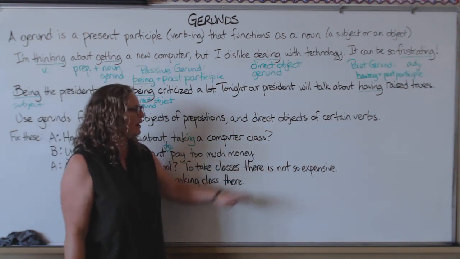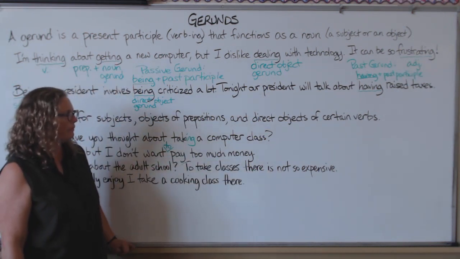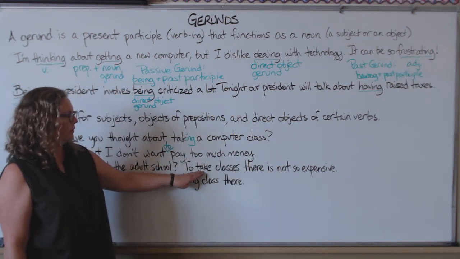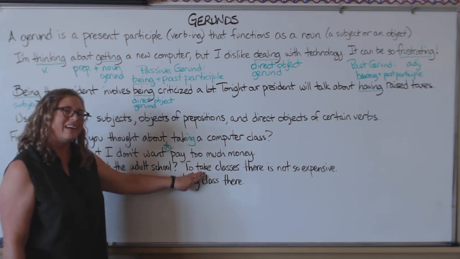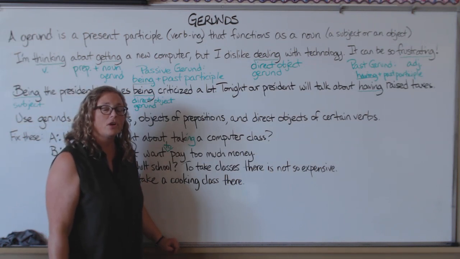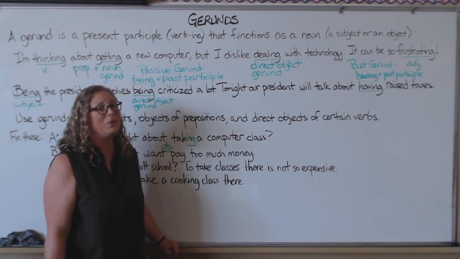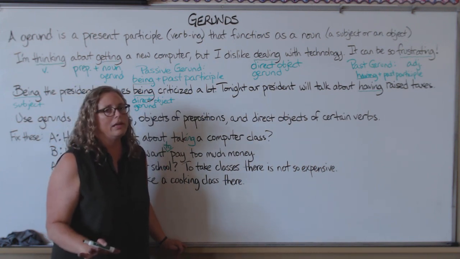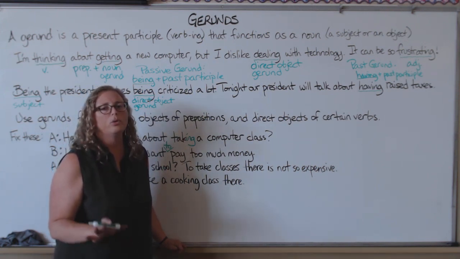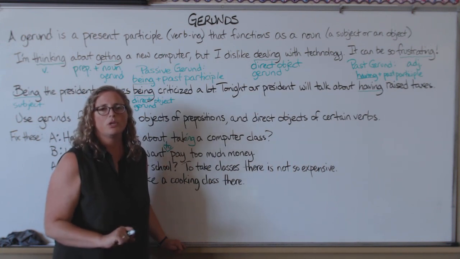To take classes there is not so expensive. What do we have here? We have an infinitive as a subject. Now, you might have learned that infinitives are good as subjects, but let me tell you, in modern English, really, you will not use infinitives as subjects.